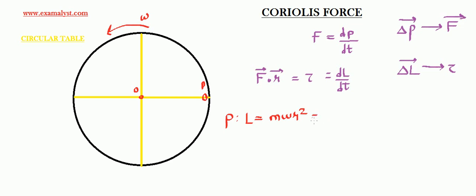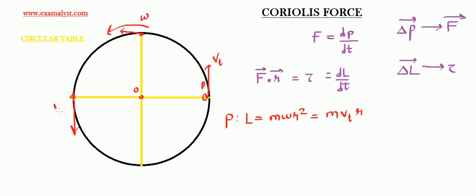Let me remind you that angular momentum is actually m into Vt into r. Why did I write Vt? Vt is the tangential velocity of point P when it is moving around in circles. When the point P reaches here, the tangential velocity is along this direction. When it reaches here, as it is moving in a circle, the tangential velocity is in this direction.